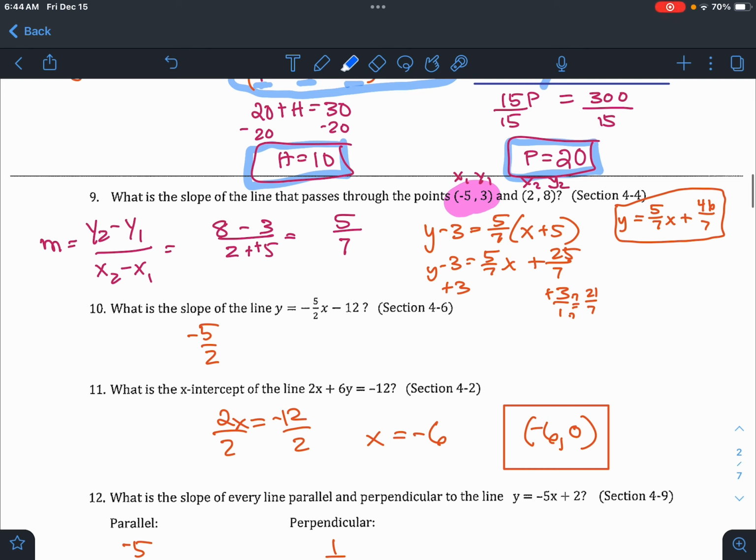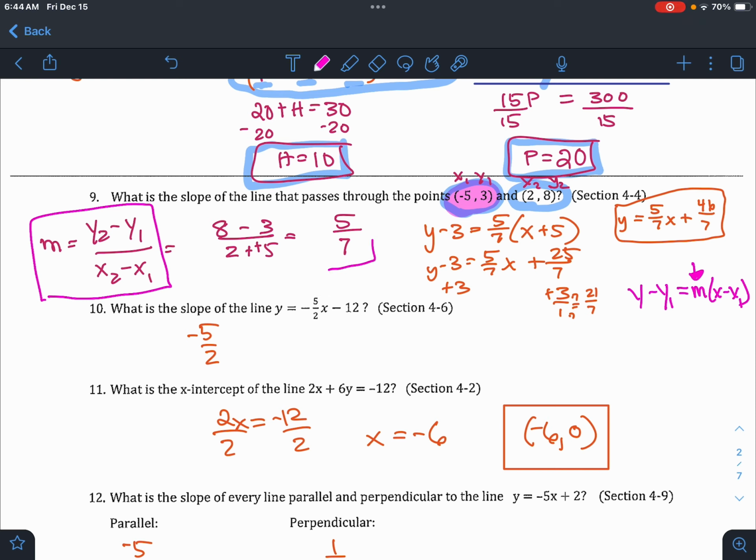Number 9, if we are given a point and another point, and we have to write the equation of the line, I want to use the point-slope form, which is y minus y1 equals slope times x minus x1. But first I need the slope, so I use my slope formula.